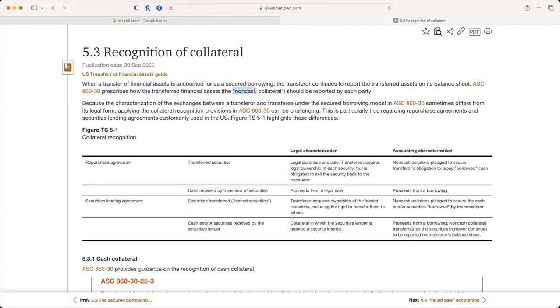See how I like the way that says? Non-cash collateral. How could a house or a car be non-cash collateral? It says it should be reported by each party. So the contracts aren't cash, but they're readily convertible to cash.